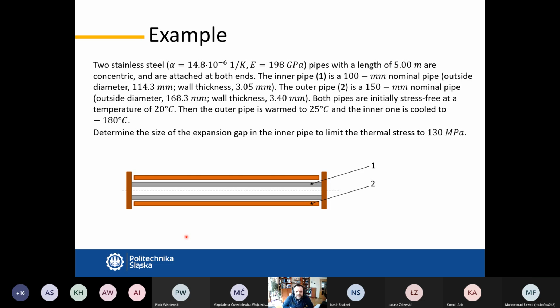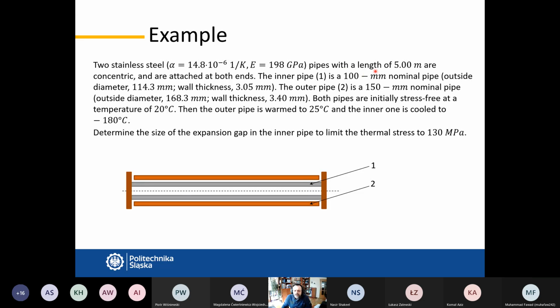We have two stainless steel pipes. These are the parameters of the steel. So alpha is 14.8 times 10 to the minus 6 power, 1 over K. The Young's modulus is 198 gigapascal.